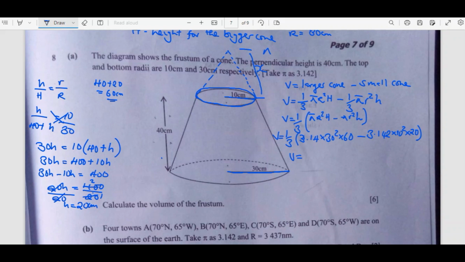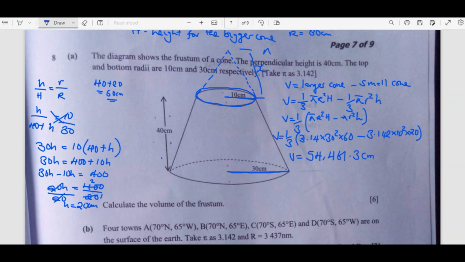So we multiply everything, and then we can subtract, and then we divide by 3. So the answer that we will have is 54,461.23.